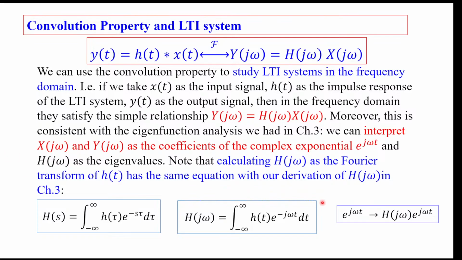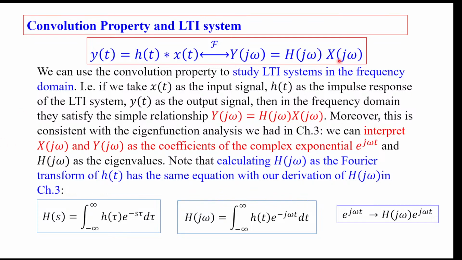Okay, and also this interpretation. So this big H of j omega, excuse me. So this big Y equal to big H times big X. If you think a little more about its interpretation, you see that this is same as the eigenvalue, eigenfunction analysis we had.